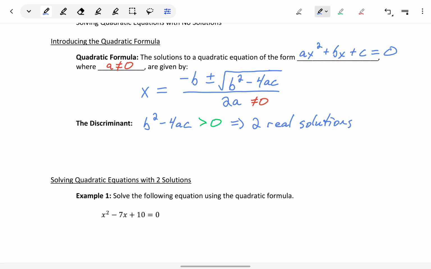Both of those solutions will be real numbers. If that discriminant is exactly equal to 0, then we'll have one real solution. And if the discriminant, that value under the radical, is something less than 0, then we'll have no real solutions.